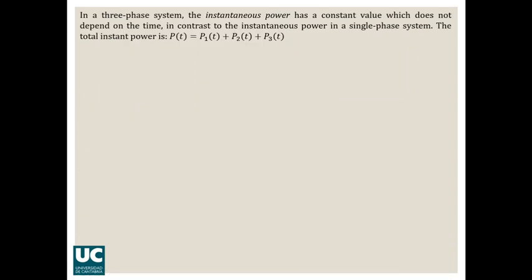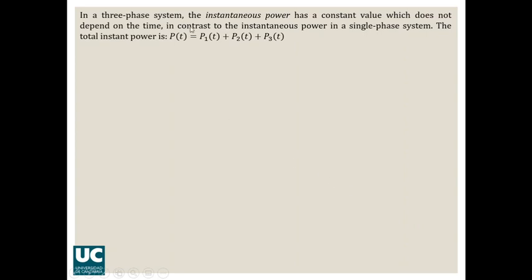We said at the beginning of this lesson that in 3-phase systems the instantaneous power has a constant value which does not depend on time, and that was an advantage in contrast to the situation that we had in single-phase systems where the instantaneous power was a sinusoidal wave that varied over time. So here we have the demonstration of that, which is quite important.